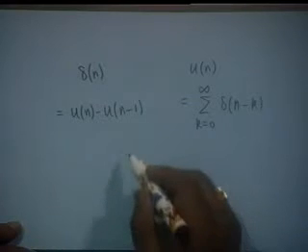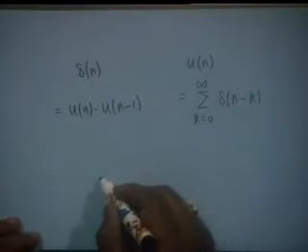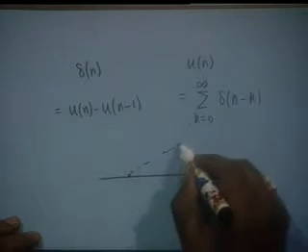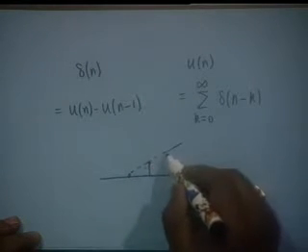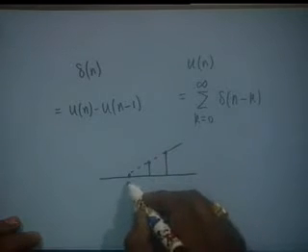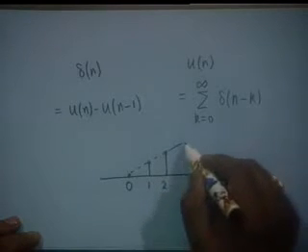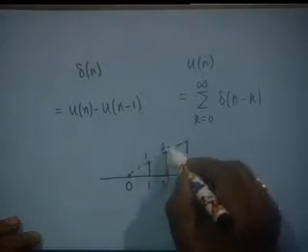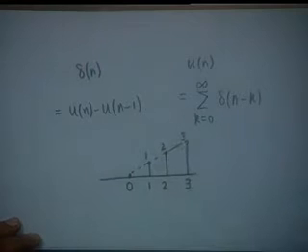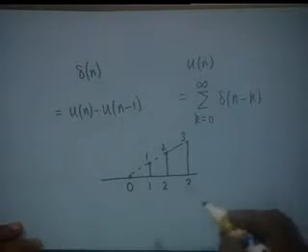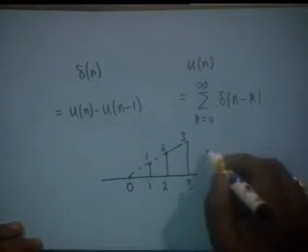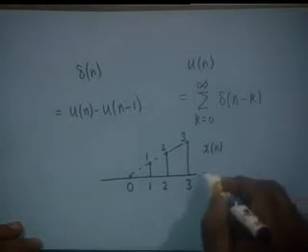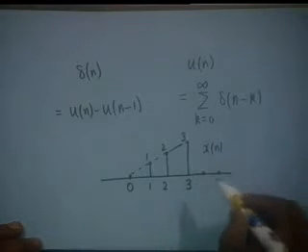Let us take an example. Suppose you have a sequence which starts from 0, then 1 at 1, 2 at 2, and let us say 3 at 3. Okay. Suppose this signal is x of n, all other samples are 0.